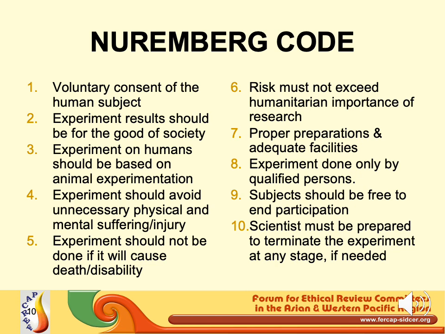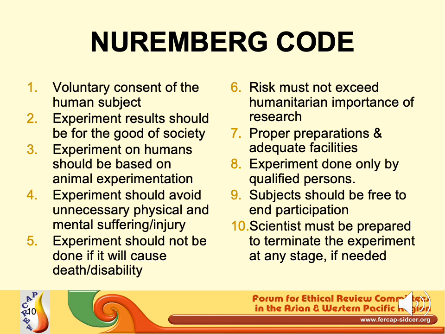Number one, voluntary consent of the human subject must be taken, and that voluntary consent for research must be different from the consent for clinical care. Second, experiment should result in the good of society. So you just cannot be very whimsical and do any experiment that you want.